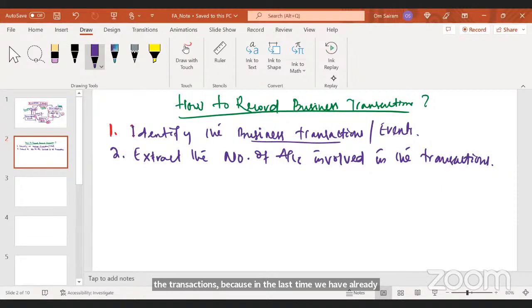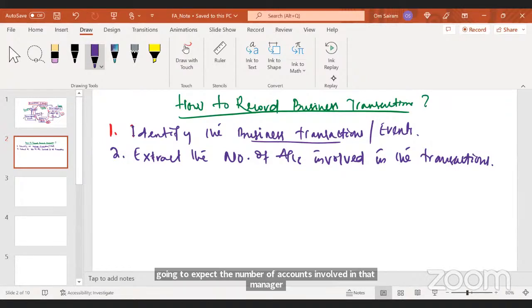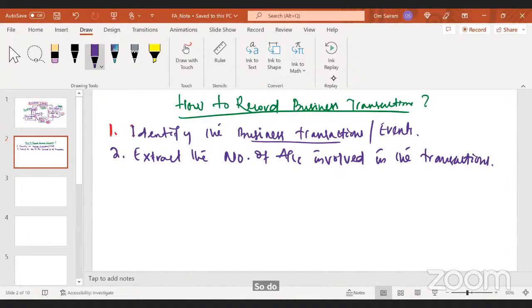If it is a business transaction, then only you can record. Next, we extract the number of accounts involved in the transaction. So dear friends, please remember, there must be involvement of at least 2 accounts in each and every transaction.